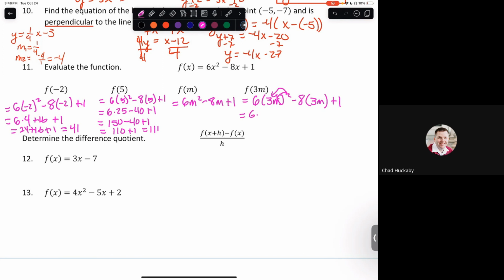So we get 6 times 3 squared, which is 9, times m squared, minus 8 times 3 is 24m plus 1. And 9 times 6 is 54 times m squared minus 24m plus 1.